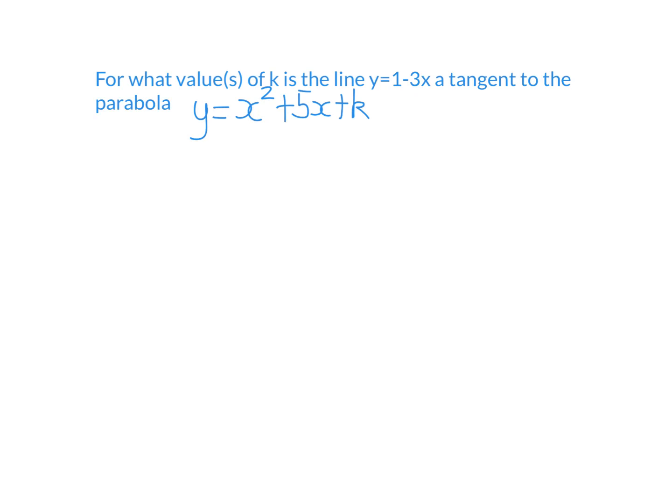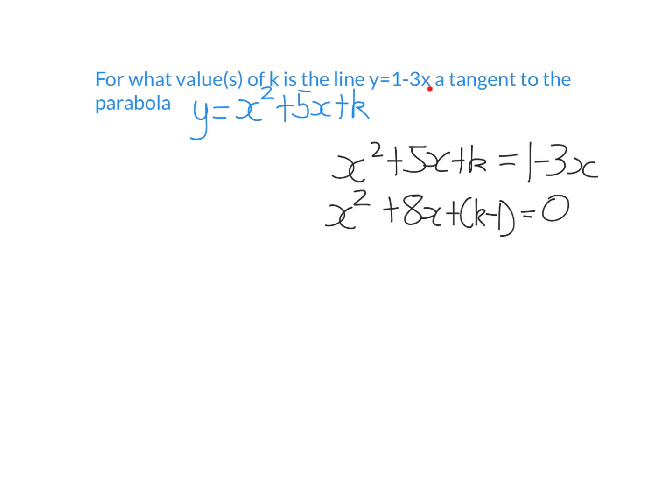So if I wanted to find the point of intersection, I would just equate the two exactly like I did on the previous slide. So I have quadratic equals line. So of course I want one side to equal 0, so I'm going to need to add 3x and subtract 1 from both sides. So this line is a tangent to this parabola if this equation has only one solution.